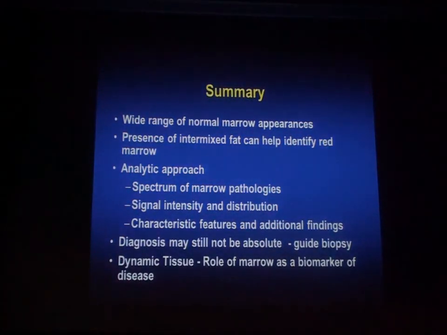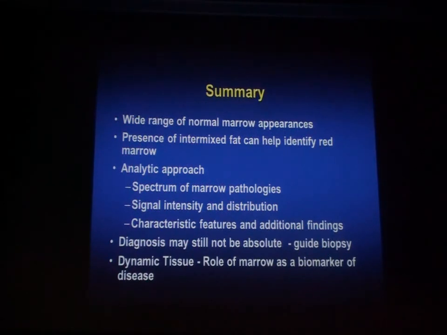So in summary, there's a wide range of normal marrow appearances. The presence of fat within the marrow can help to identify normal red marrow versus an infiltrative process in the marrow. You can use an analytic approach, understanding what the spectrum of marrow pathologies are, and looking at signal intensity and distribution, looking for characteristic features and any additional findings that can help.